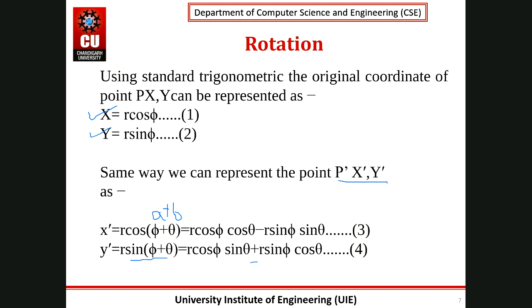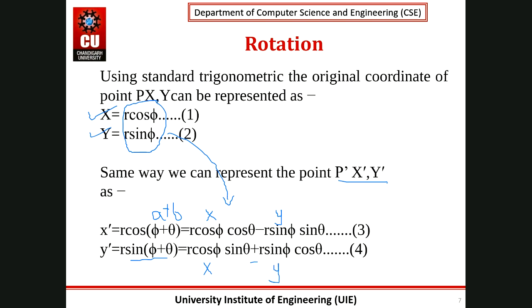Now what I want is to substitute these two values here. The r cos phi will be replaced by x here, r sin phi will be replaced by y here. The same will happen in the next equation: r cos phi will be x and r sin phi will be y.